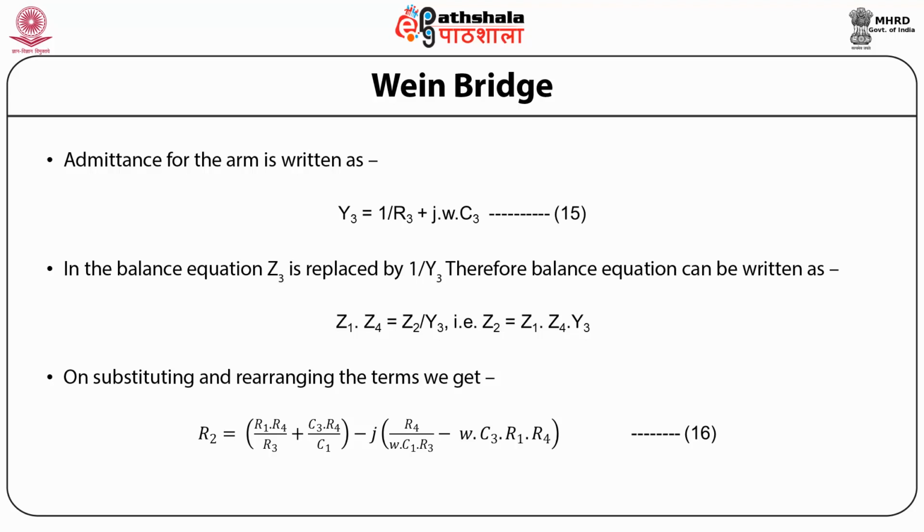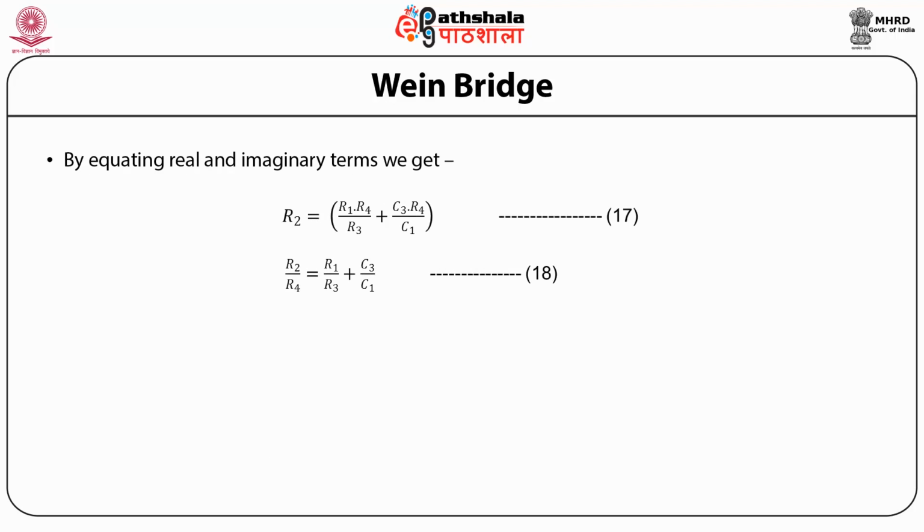This is equation 16. By equating real and imaginary terms, we get R2 = R1·R4/R3 + C3·R4/C1. This is equation 17. Then R2/R4 = R1/R3 + C3/C1.